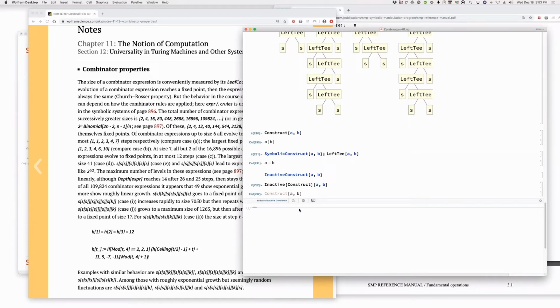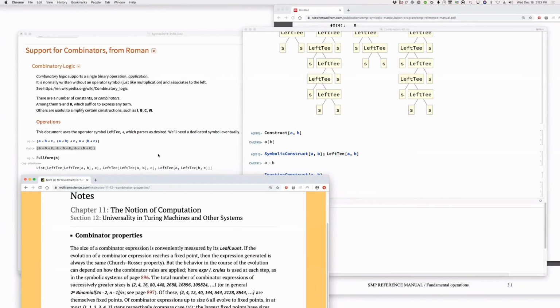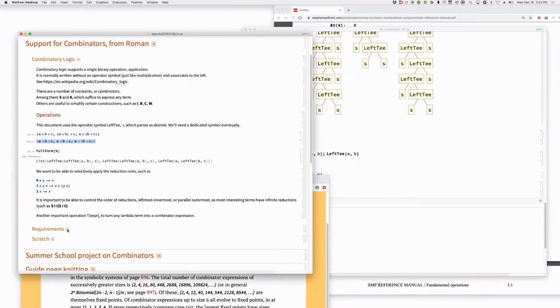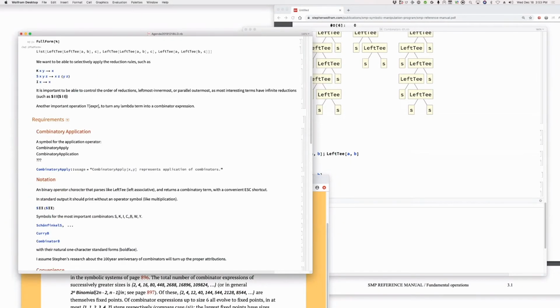One is the pretty interesting question of whether we support a different form of evaluation semantics, particularly relevant for replace repeated. And the other is specifically about combinators. And the question is, what on earth are people going to do with combinators? So my proposal was essentially to provide the notational support for doing whatever people want to do with it.